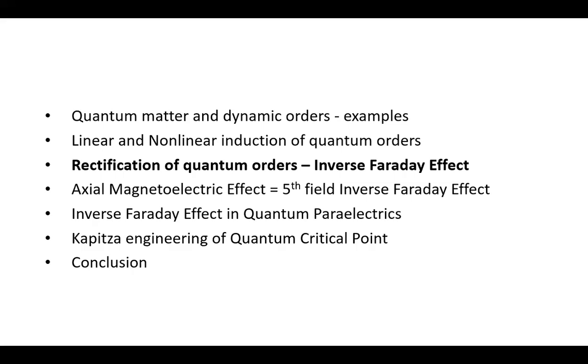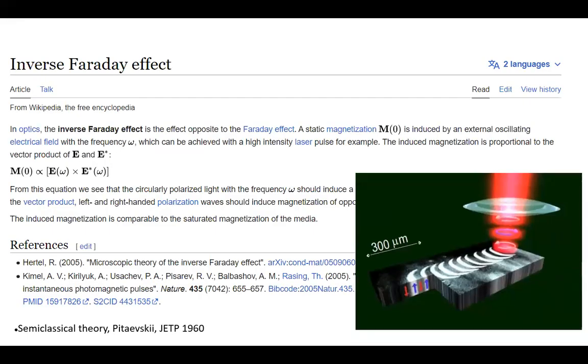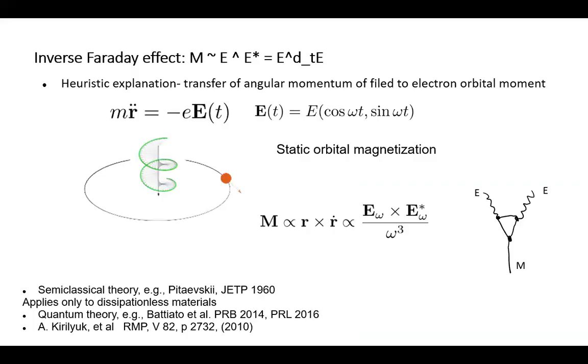Just to recap, inverse Faraday effect. You have a DC magnetization. Here are the heuristics of it. For the orbital effect, the effect of the photon coming in, let's talk about the kinetic equation for the metal. Talk about basically one electron in the whole universe, subject to incoming radiation.